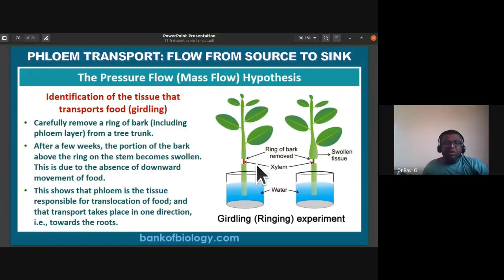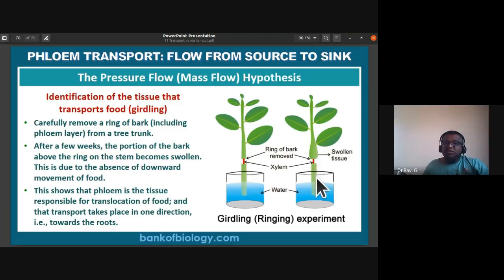After a few weeks, the portion of the bark above the ring is swollen because of accumulation of food. If the xylem were a food conducting tissue, the tissue would not have been swollen. So this shows that phloem is the tissue responsible for translocation of food.